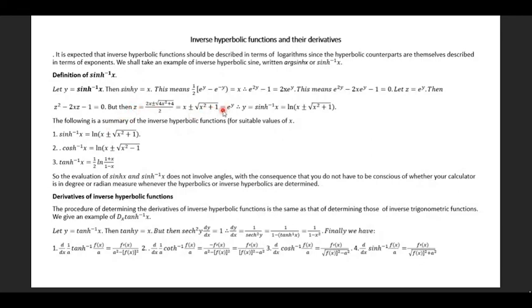But by z, you mean e to the exponent y. So now e to the exponent y will be equal to this. If you introduce ln on both sides, ln of e to the exponent y is y, and it will be the same as ln of this expression. So in other words, if y is equal to inverse hyperbolic sine of x, y ends up being ln of this.